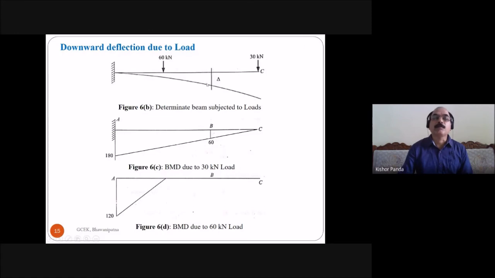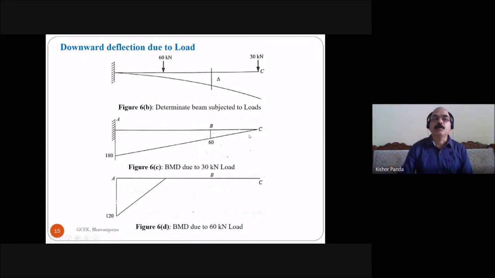So what you have to do? By the consistent deformation method, first you take the loads individually. First take the 30 kilonewton load and draw the bending moment diagram. This length is 6 meter, 30 into 6, so the moment here is 180. And here, 30 into 2, 60.